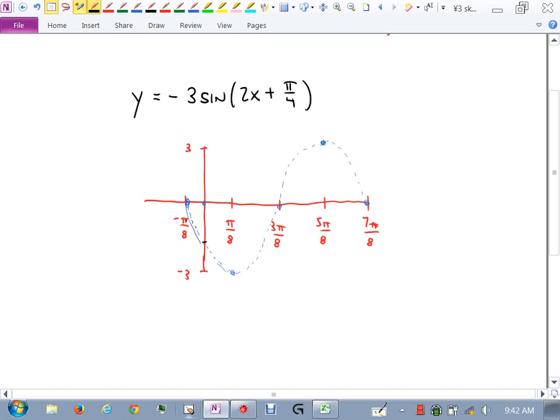Okay, now move everything down 2. So 1, 2, that's here. I am extending my y-axis down to negative 5. So everything comes down 2 here, down 2 here, and then down 2 here.